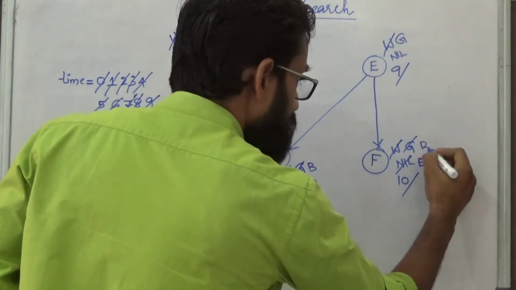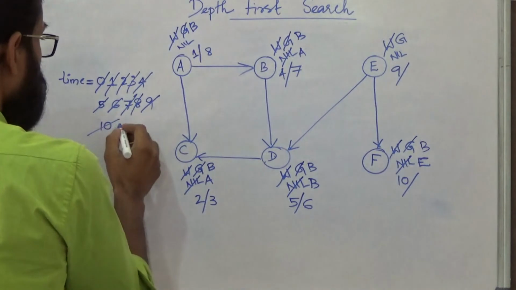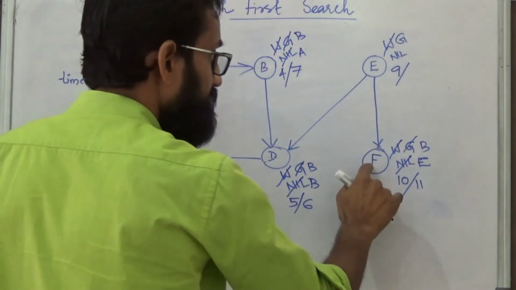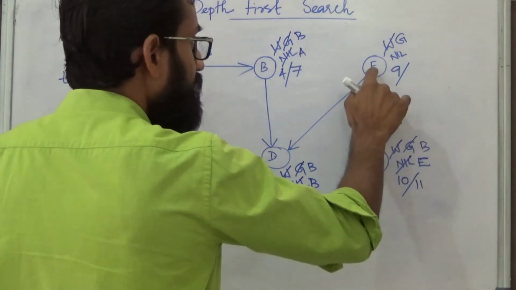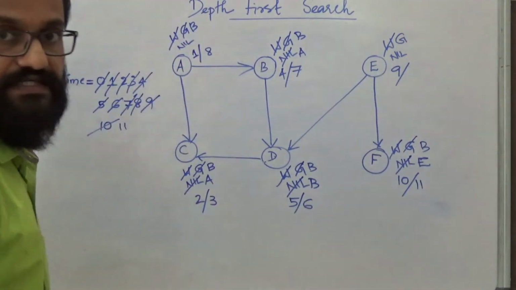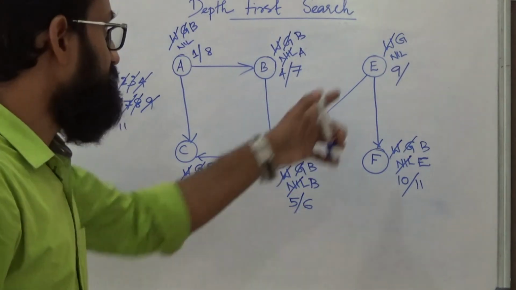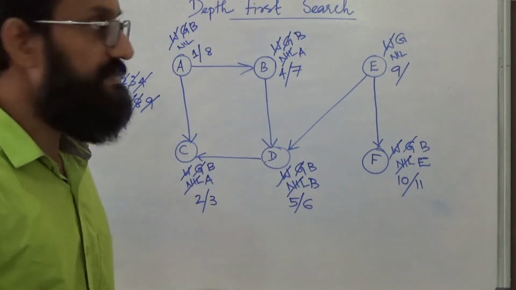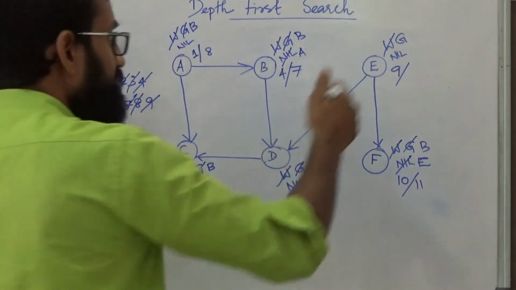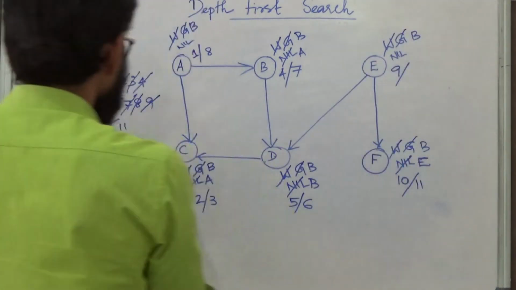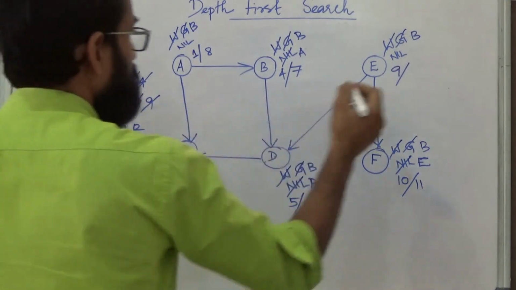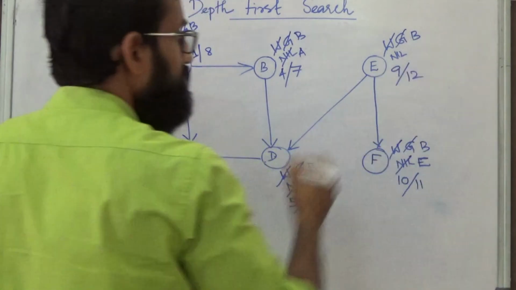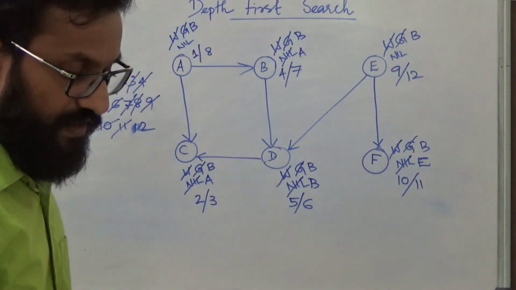So finish the node, change color to black, increment time by 1, fix that time as the finishing time, and backtrack to its predecessor. F's predecessor is E, go to E, check whether E is having any adjacent undiscovered node. As far as E is concerned, you have completed discovering all the vertices that are reachable from E. So finish E, change color to black, increment time by 1 and fix that time as the finishing time.